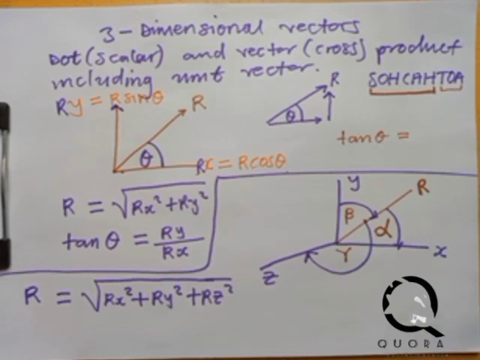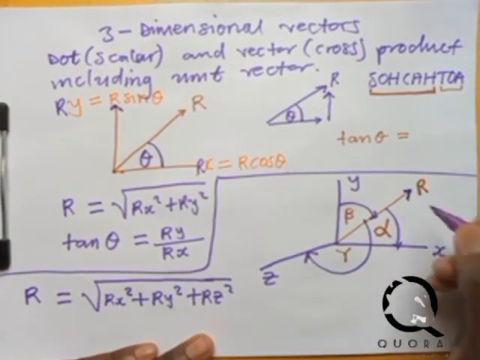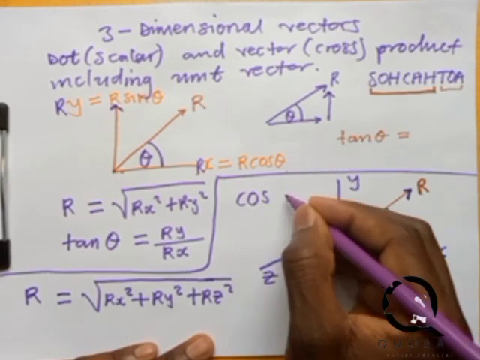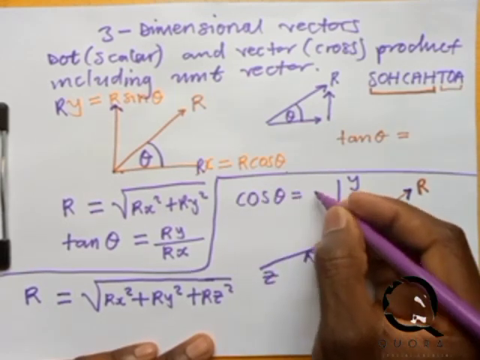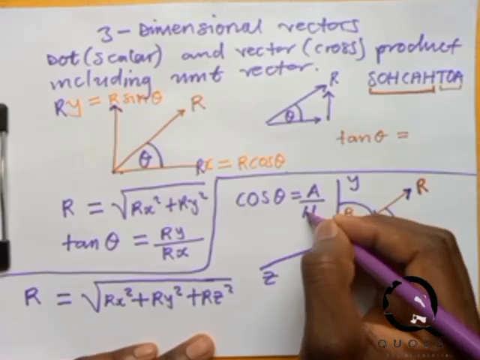Every component here is meant to be my adjacent. And the only identity which relates adjacent and the resultant, which is always your hypotenuse, is cos theta, equal to adjacent over hypotenuse.